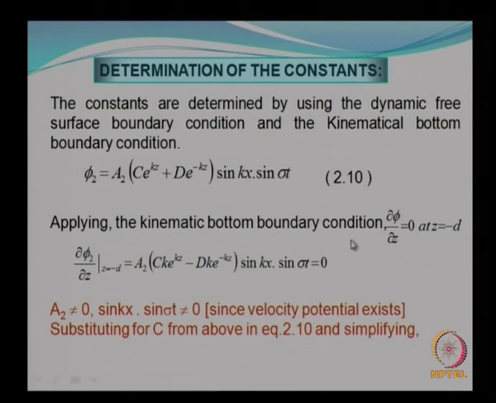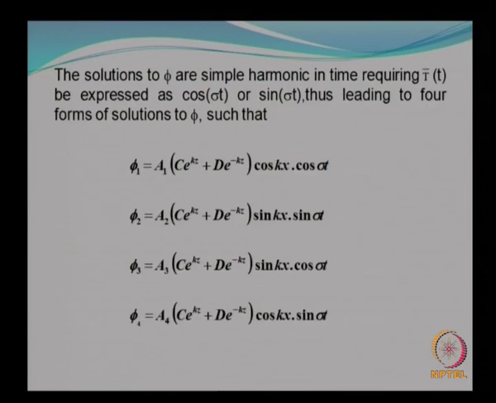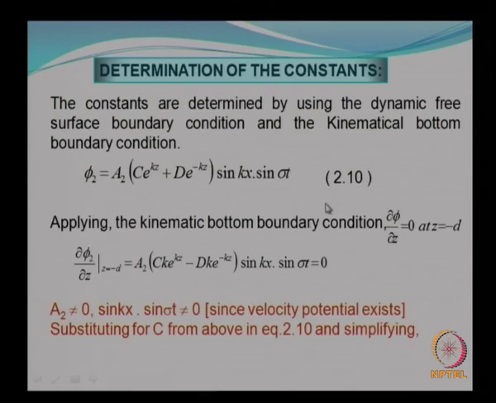So the boundary condition at the seabed is nothing but z equal to minus d, and dou phi by dou z, the vertical velocity, equal to 0. So let me take this form of equation phi 2 first, and then I apply this condition in order to obtain an expression.